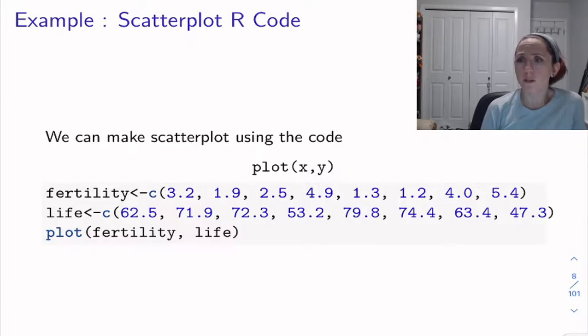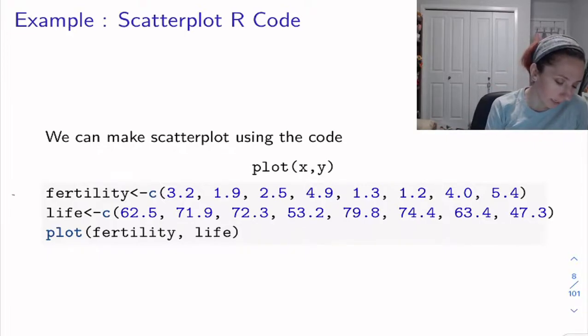Now, if I want to recreate that graph, not by hand, using R, we can make use of the plot command. So plot(x, y). I plug in x and y, the names of the vectors that I make that contain my x data and my y data. So in our example, we had information on the fertility rate and the life expectancy. So I created a vector called fertility. This is going to be my x.